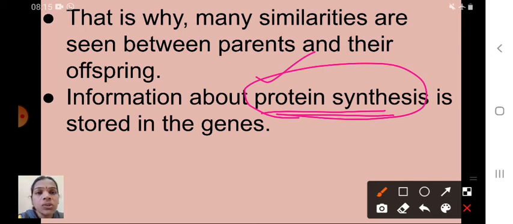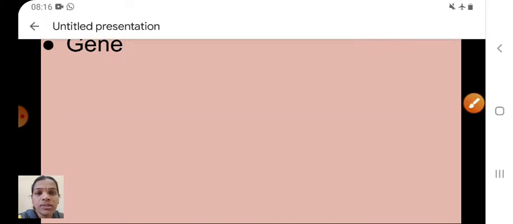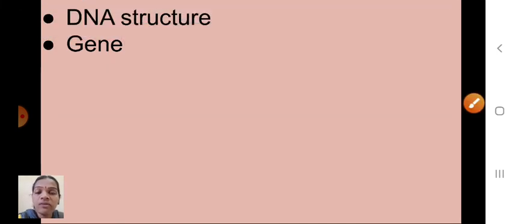So with the help of the genes, the genetic characteristics, that means hereditary characteristics, are transmitted from one generation to the next generation. At the same time, the information of protein synthesis is also stored in the genes. Children, I hope you understood today's session. In this session we discussed DNA structure.